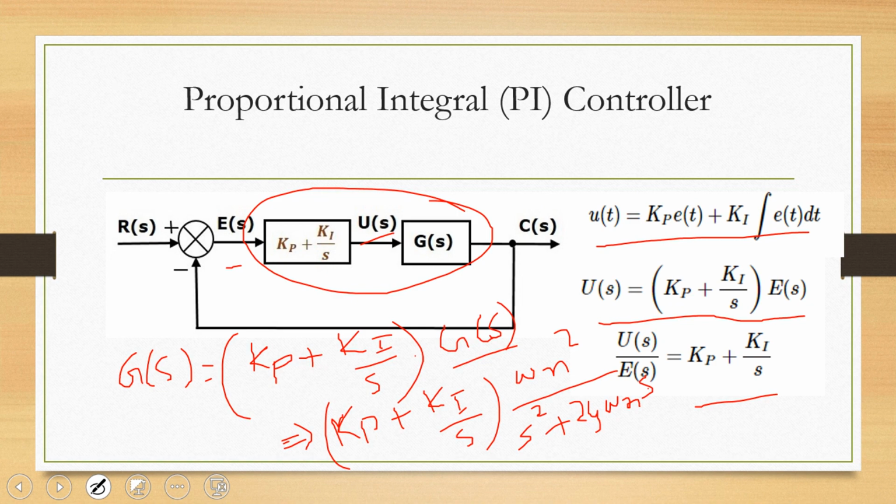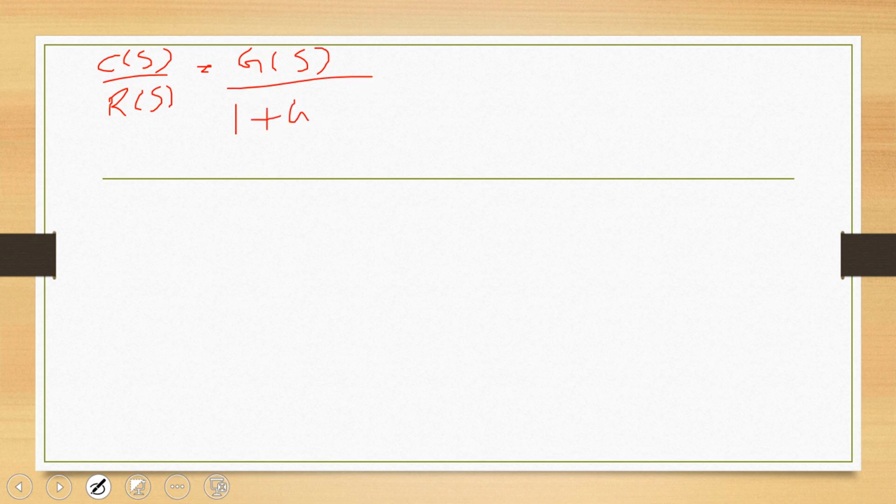Now we can write the closed loop transfer function. So our closed loop transfer function C of S by R of S is G of S divided by 1 plus G of S into H of S.